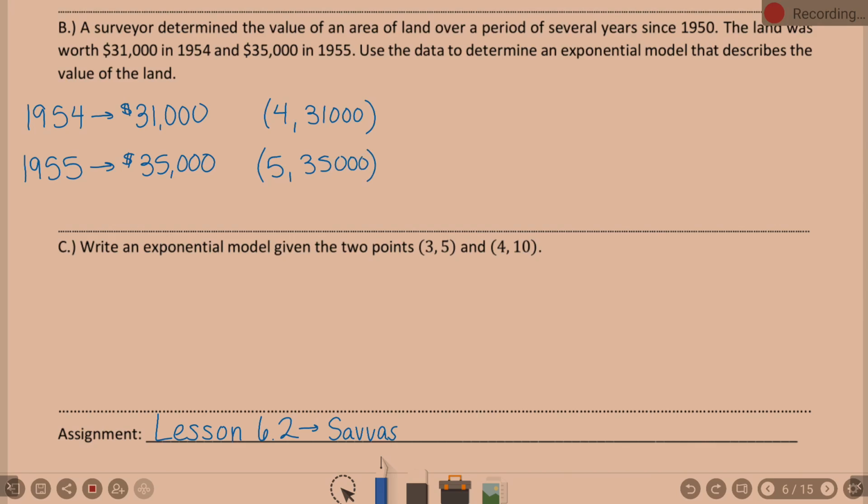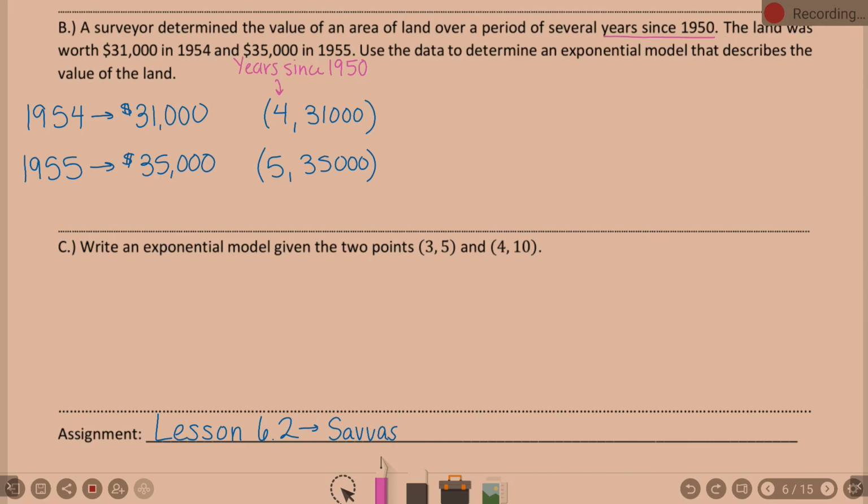Why did she use 4 and 5? They gave us kind of a year zero, so to speak, of 1950. So right here, this is going to be years since 1950. Okay?